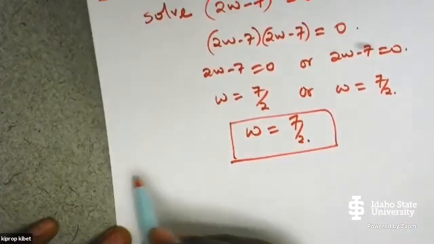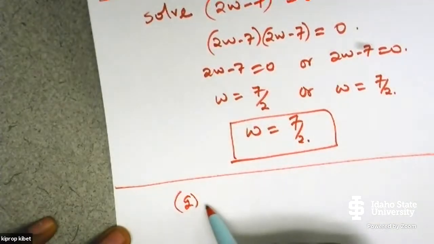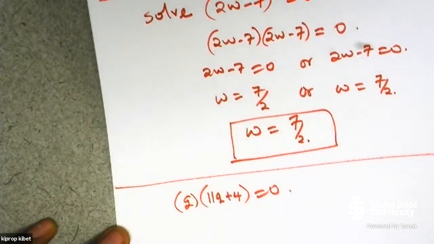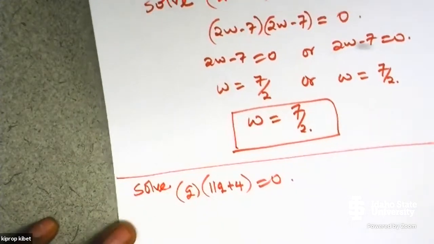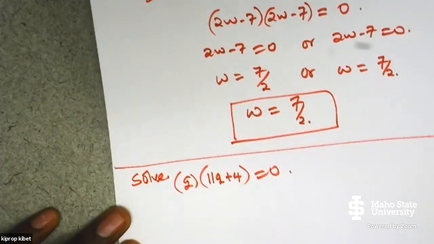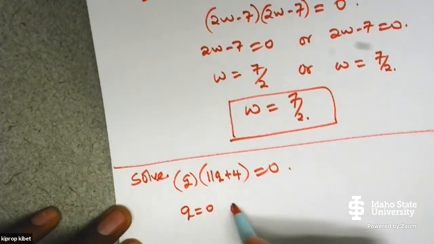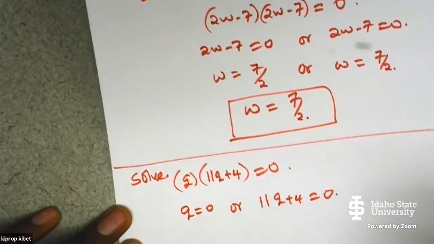Now, another example. If you're given Q(11Q + 4) = 0, and you're told to solve that, using the zero product property, in this case our Q equals 0, or 11Q + 4 equals 0, right?